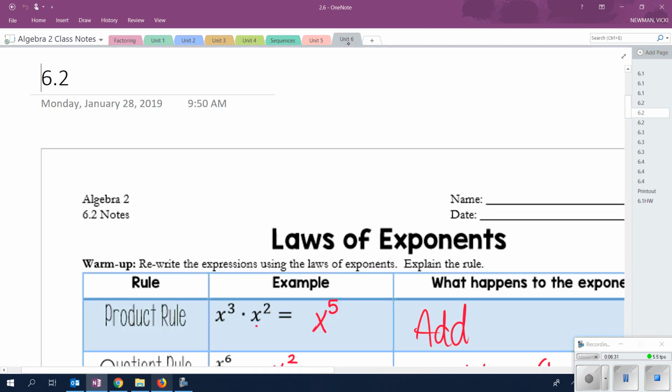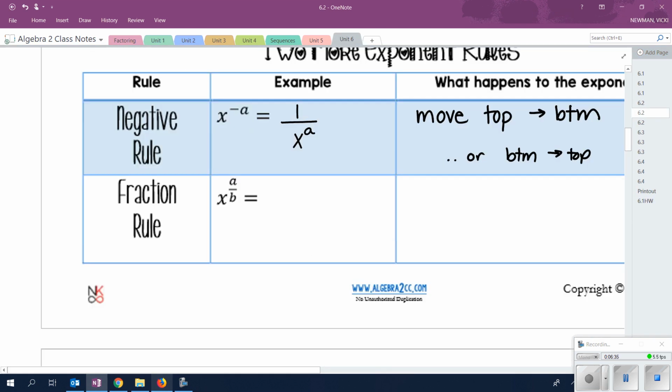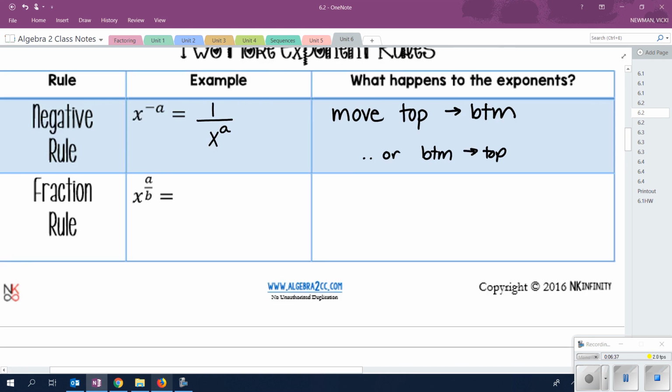So, the rule that I told you at the time is it's the b root of x to the a power. And the phrase I told you was power in the sky, roots in the ground.